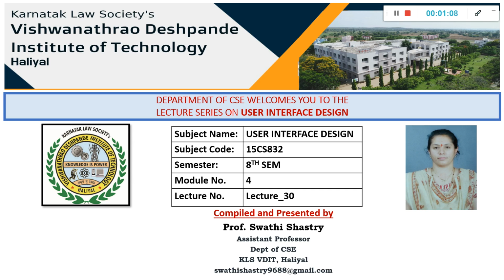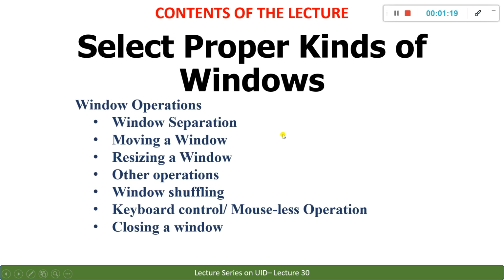In today's class, we'll be seeing the further operations that can be considered for operating on a window. Those are how to separate a window, how to move a window, how it should be resized, any other operations present on the window, how the window must be shuffled, and what kind of keyboard control, or mouseless operation control, you want to provide for a window.